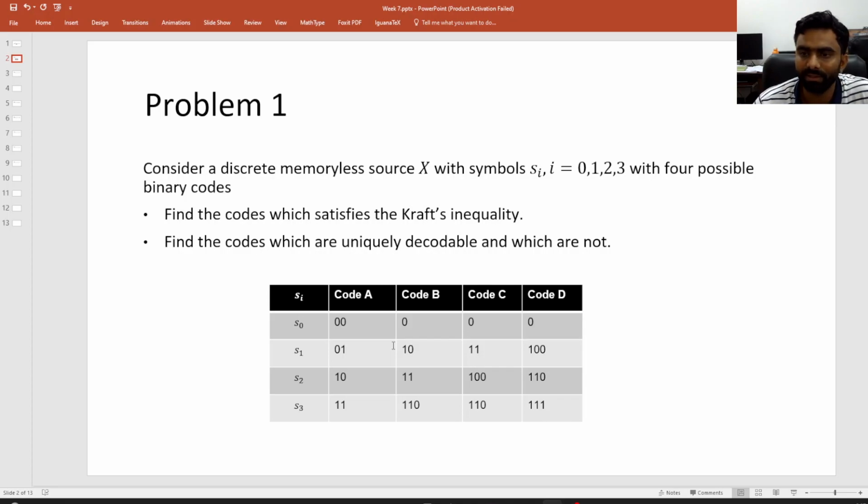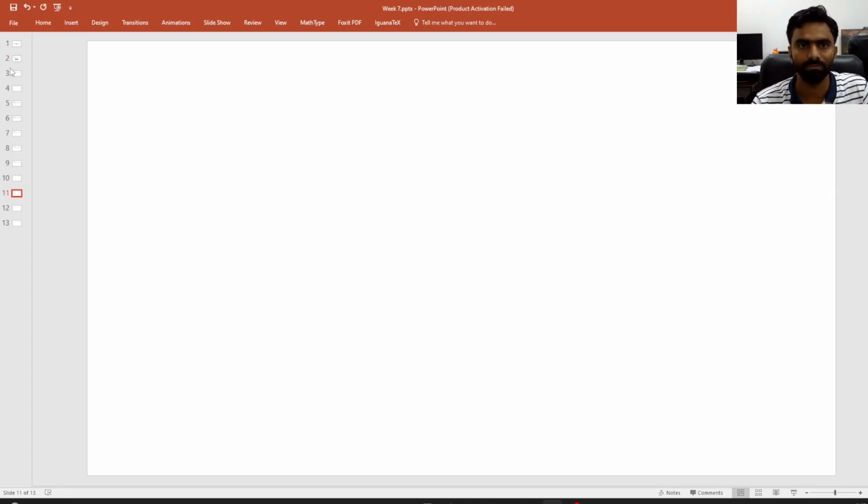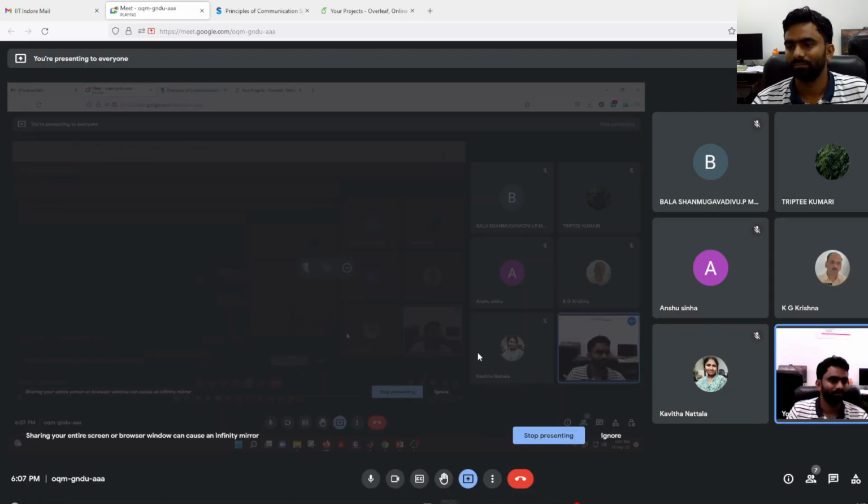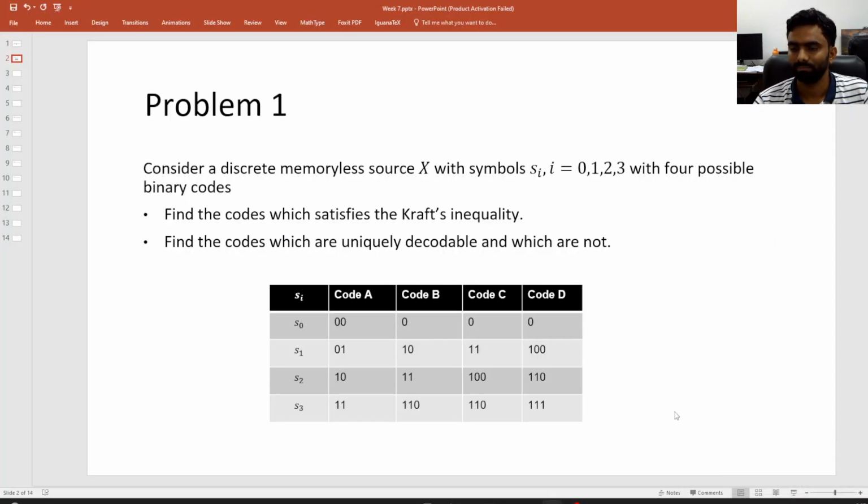You know the Kraft inequality. What does it say? I will write the Kraft inequality for you.